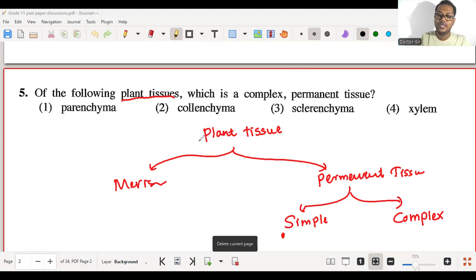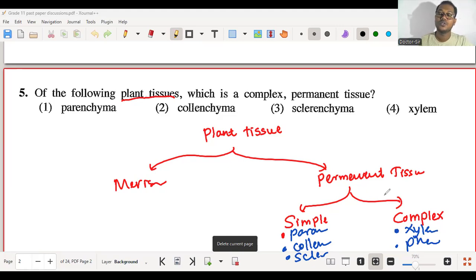Simple, if they have one type of cells, we can call it simple permanent tissue. Examples are parenchymal tissue and sclerenchymal tissue. These are examples for simple permanent tissue, and for complex permanent tissues we have examples of xylem and phloem.